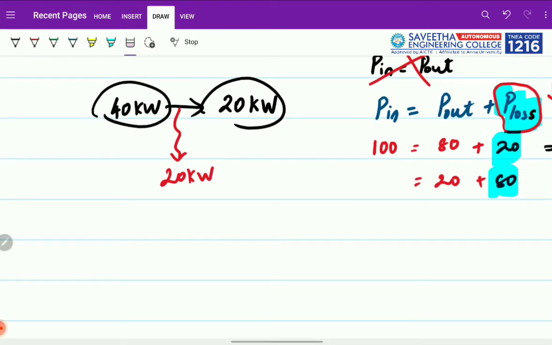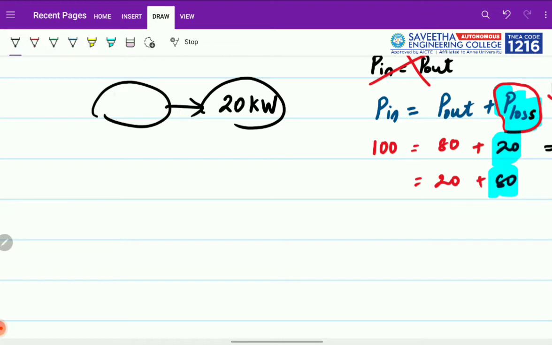But rather, if I design my system so that it is able to feed 20 kilowatts of power by generating just 21 kilowatts, I could say my losses are about 1 kilowatt. This is very little compared to the first case, and it is a very efficient way of producing power.